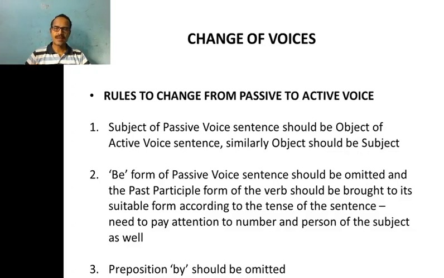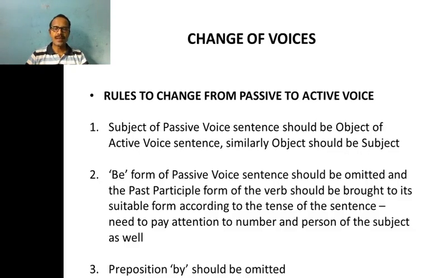There it was introduction, but here it is omission. So now we are supposed to omit the form of be that is present in passive voice, and the past participle form of the verb that is there in the passive voice should be brought to its suitable form, according to the tense of the sentence.